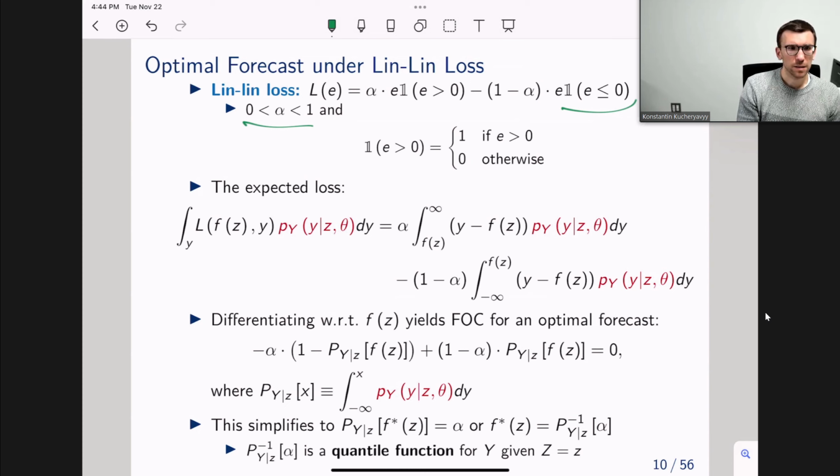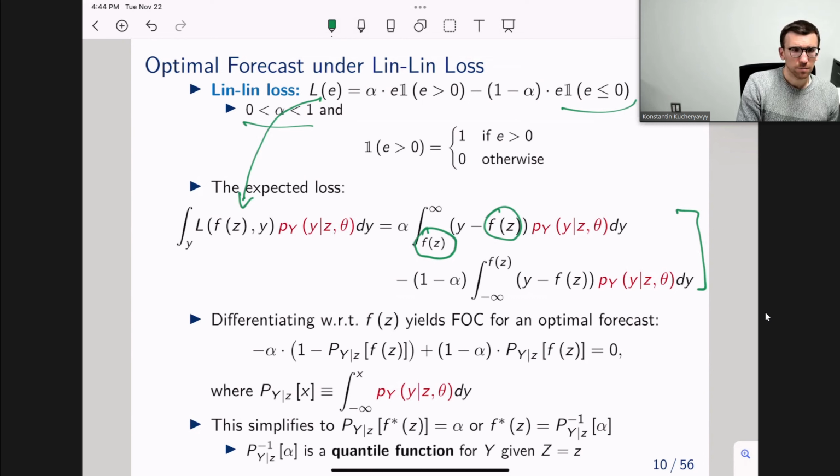So then the expected loss, we can write it, just substitute this loss function here, write these integrals, then we need to differentiate it with respect to f of z. Differentiating it with respect to f of z, we need to differentiate here and here. So we apply the Leibniz rule, the usual thing you probably learned in calculus.